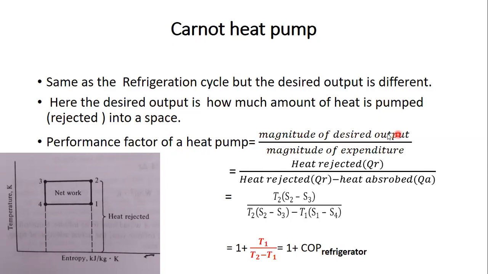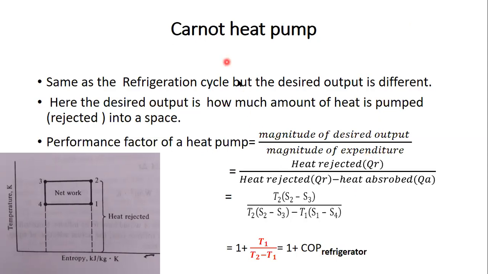The magnitude of desired output divided by the magnitude of expenditure. What is the desired output in a heat pump? The heat rejected to a higher temperature area, which can be the inside of a living room. What is the expenditure in running the heat pump? It is the net work done by the heat pump.